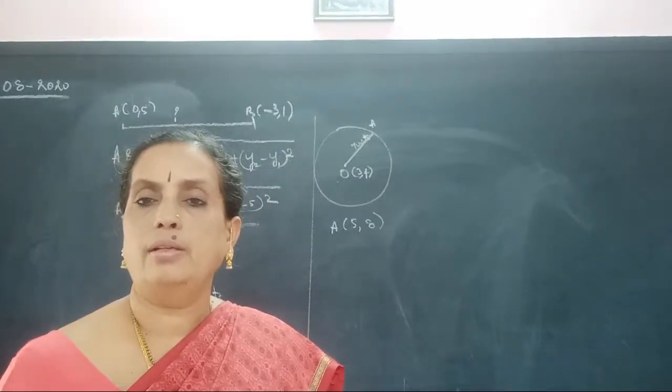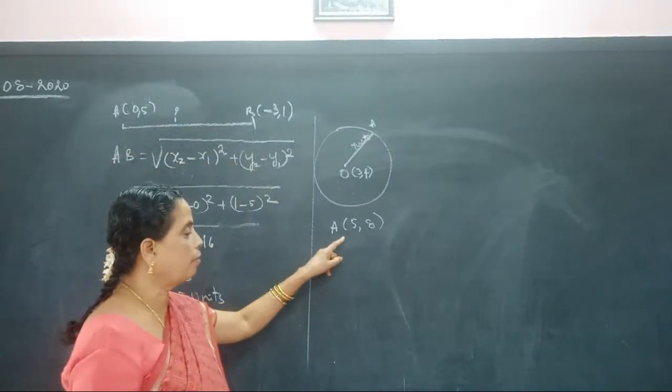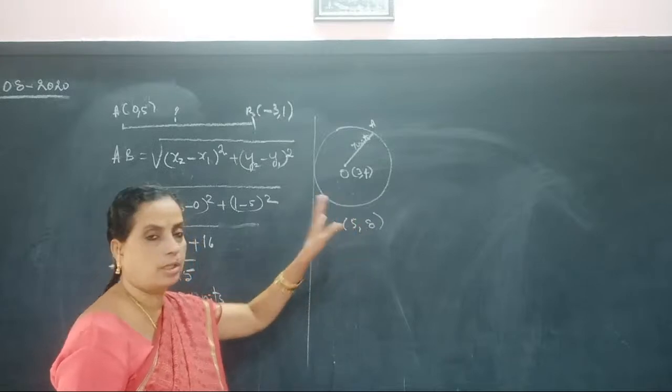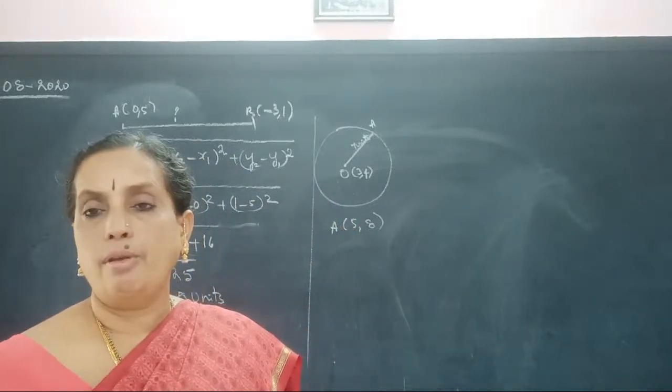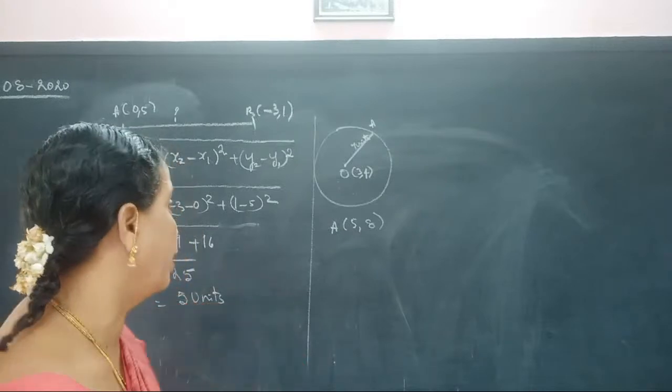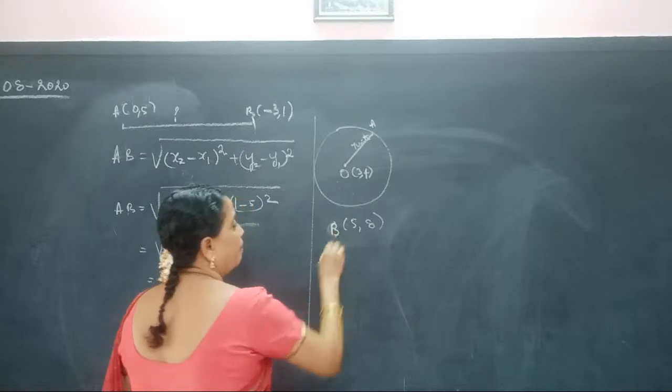Here it is given, what is the position of the point (5, 8) with respect to the center of the circle? Let us take point B here, and measure from O to this point.